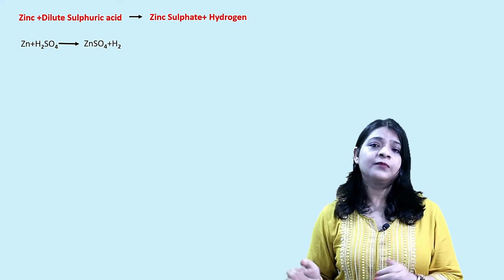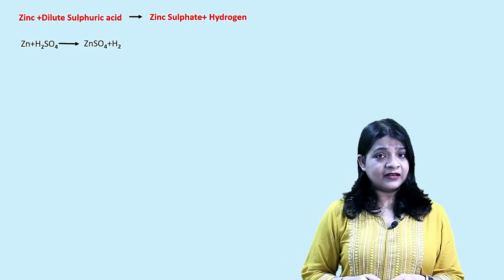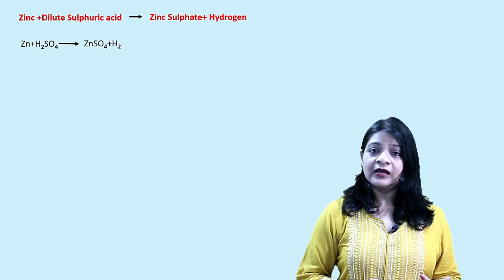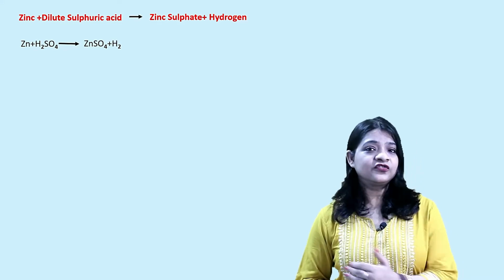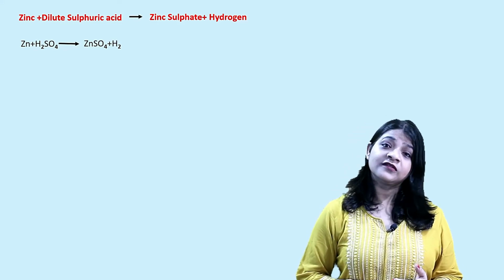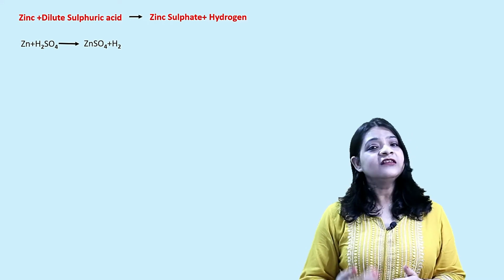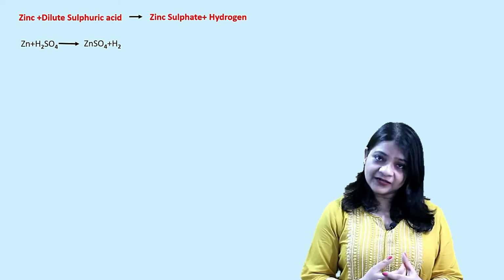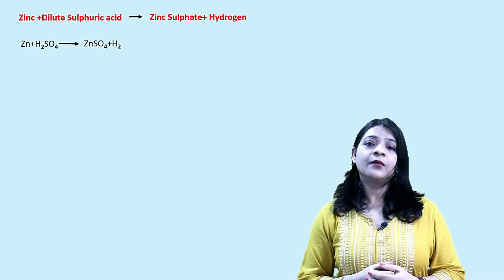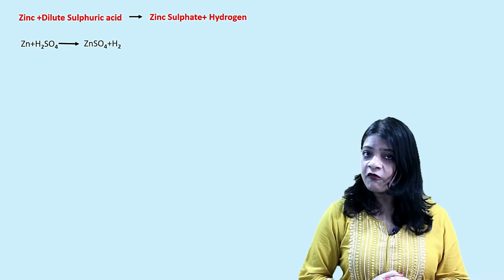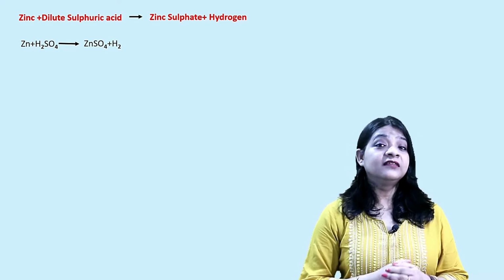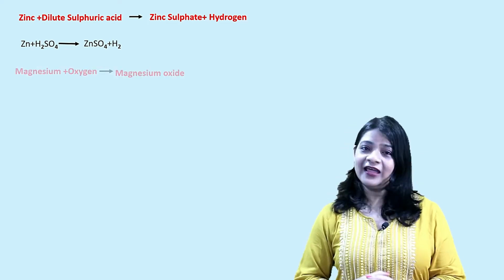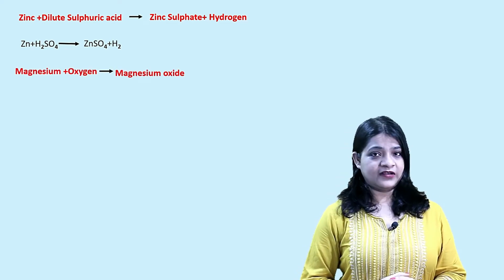So this can be represented as Zn, that stands for zinc, plus dilute H2SO4, that is dilute sulfuric acid. So these reactants react with each other to give the products, that is ZnSO4, which stands for zinc sulfate, plus H2 gas, that is hydrogen gas.